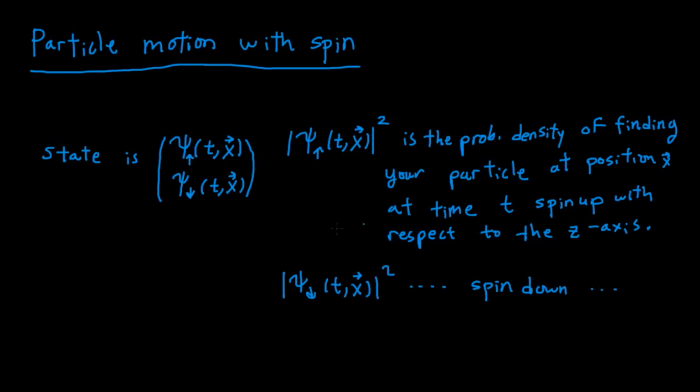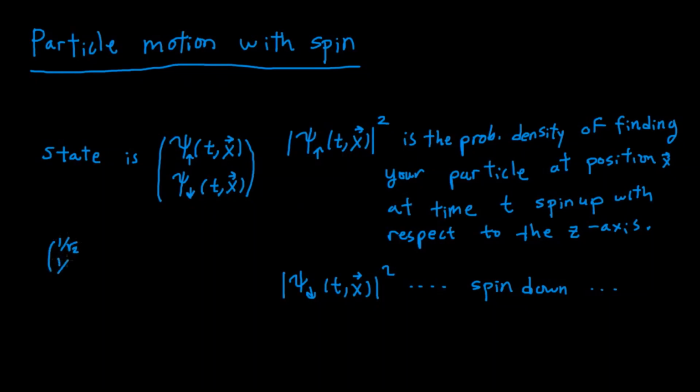Now, if you want to know what the probability density of finding it at some particular position is with spin up in some other axis, like for example, spin up in the x-axis or spin up in the y-axis or any arbitrary axis, you have to create a linear combination of psi spin up and psi spin down, just the same way we do for just the two-dimensional complex vector, right?